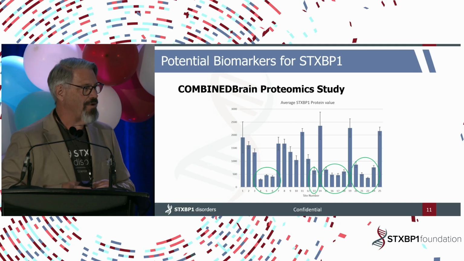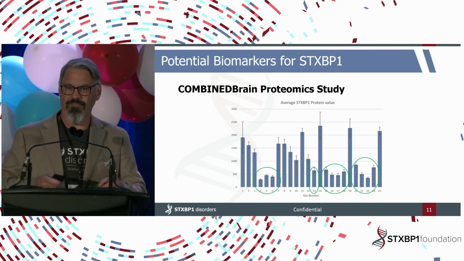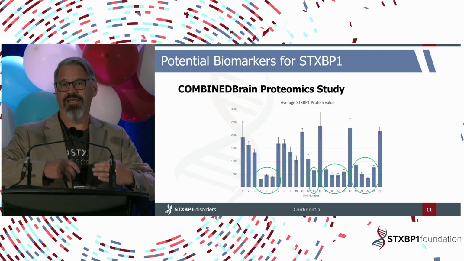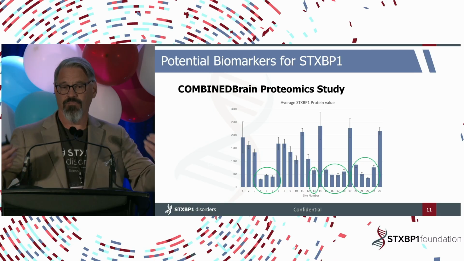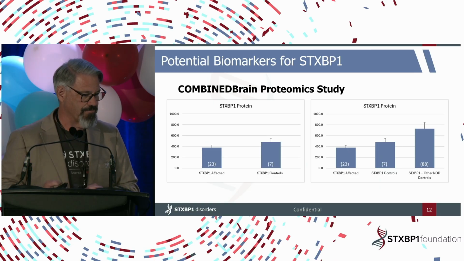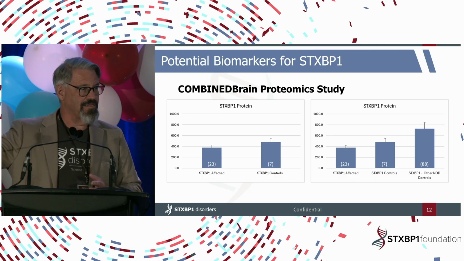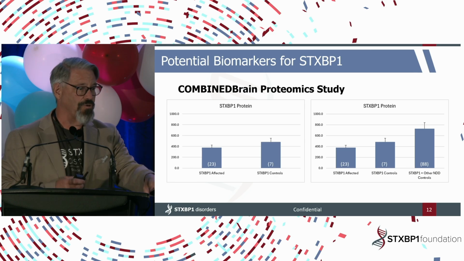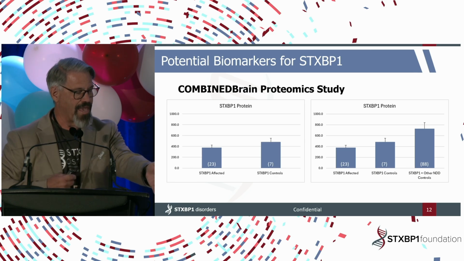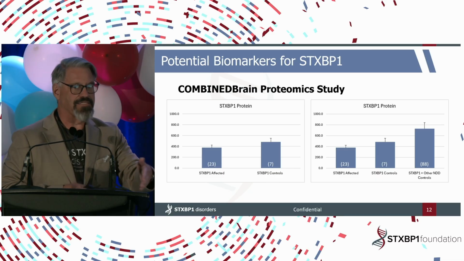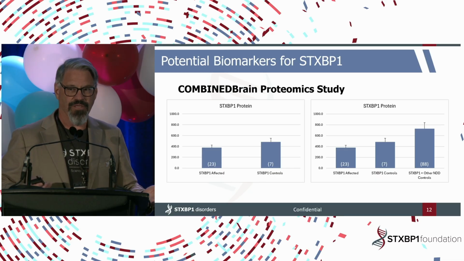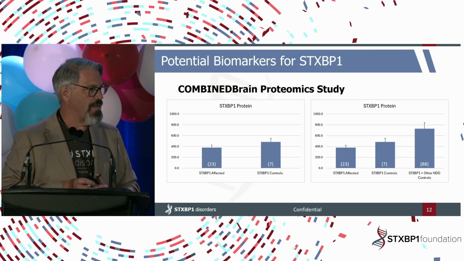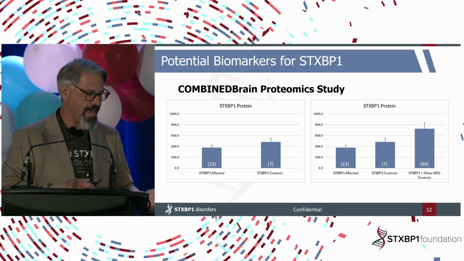So if we look at the control samples from these sites where the STXBP1 level matches closely the STXBP1 level from the site where it was collected for us, which is site 6, then what you see on the other side is the STXBP1 affected from our site, our controls at our site, and now 88 controls added from the other sites that had similar collection properties to our site. And now we see there is a difference in STXBP1 in the plasma between controls and the affected.